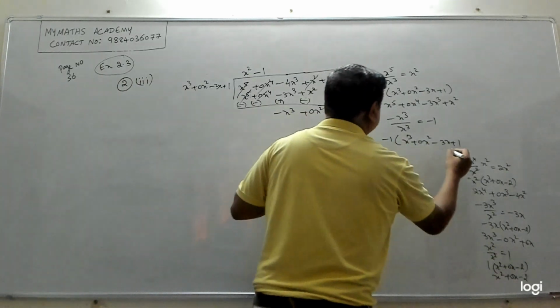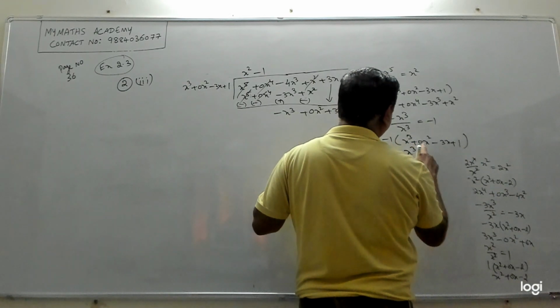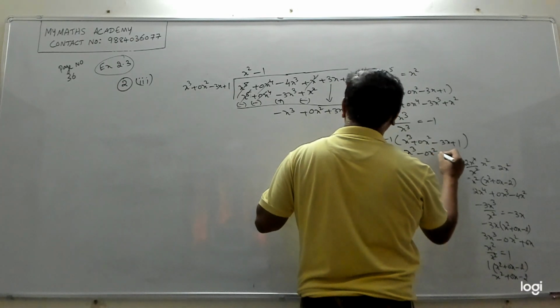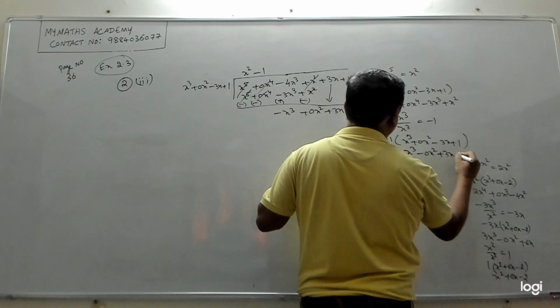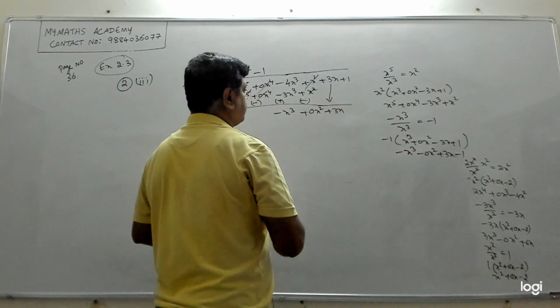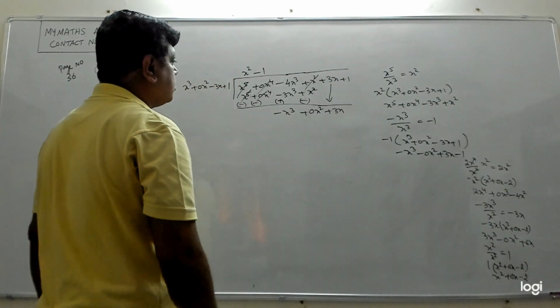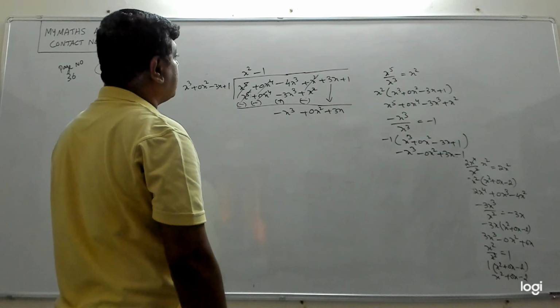Now multiply this. Minus 1 into x cube is minus x cube. Minus 1 into 0x square is minus 0x square. This is plus 3x. Plus into minus is minus 1. Right? Plus into minus is minus 1.